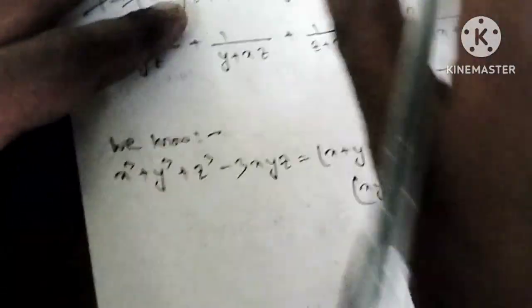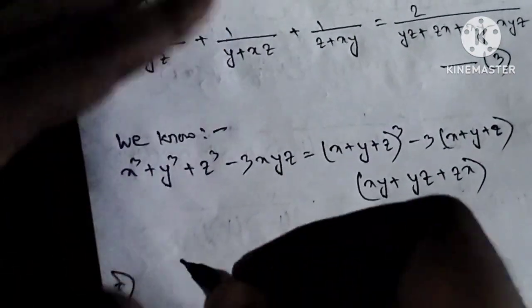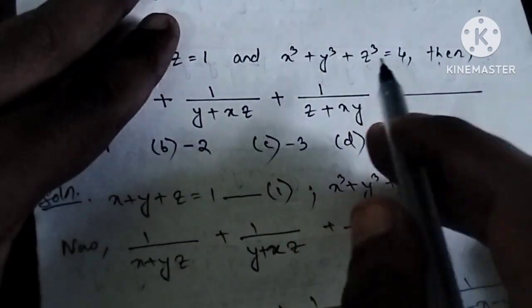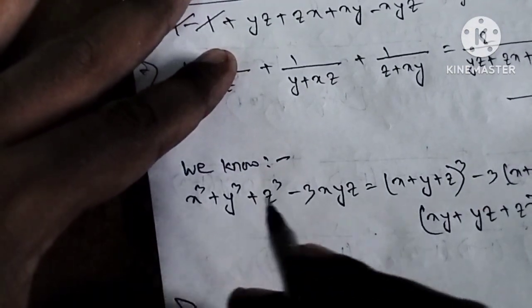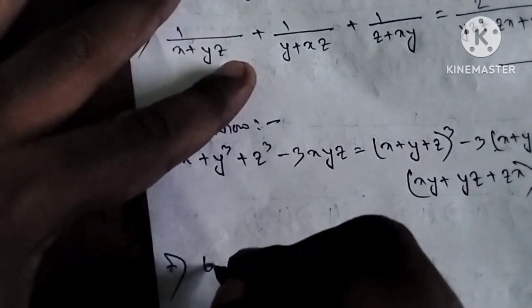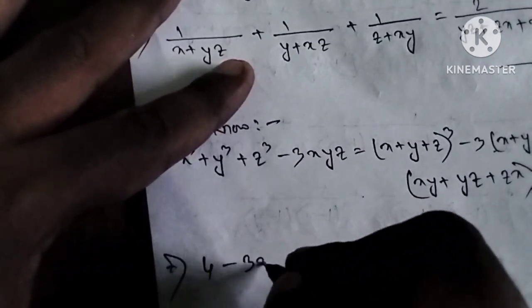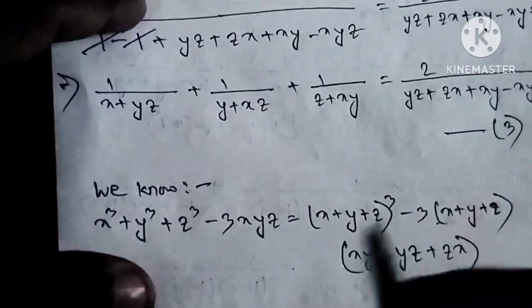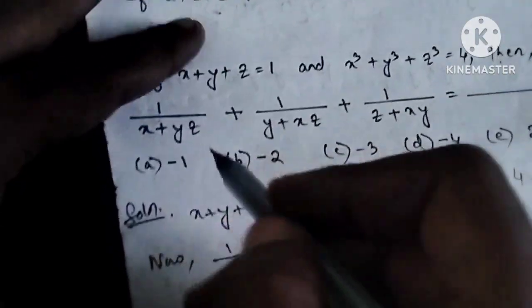Clear? So here in equation 2 only it has been given that x cube plus y cube plus z cube is equal to 4. So we will replace x cube plus y cube plus z cube with 4. 4 minus 3xyz is equal to, in equation 1 what has been given, x plus y plus z is equal to 1.